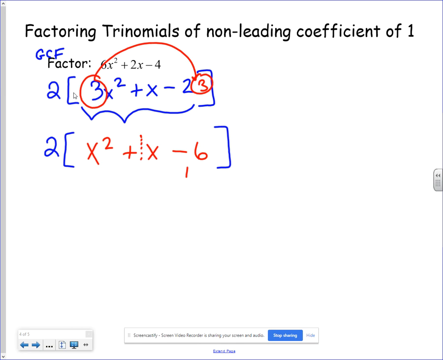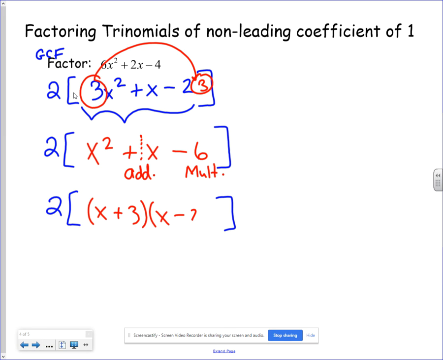So I'm asking myself, what two numbers multiply to be negative 6 and add to be positive 1? So the two numbers are positive 3 and negative 2.